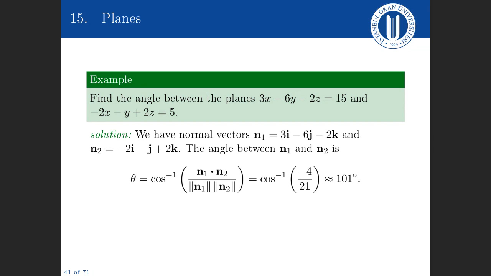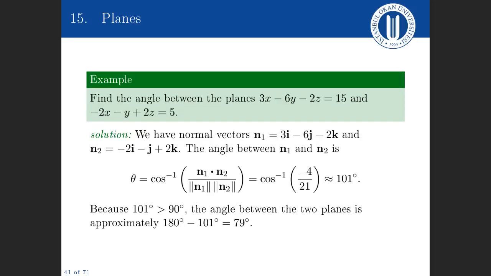Then we had our formula from last week about the angle between two vectors, and we can calculate that it's approximately 101 degrees. But 101 degrees is bigger than 90 degrees. So we're going to do 180 minus 101, and get the answer, approximately 79 degrees.